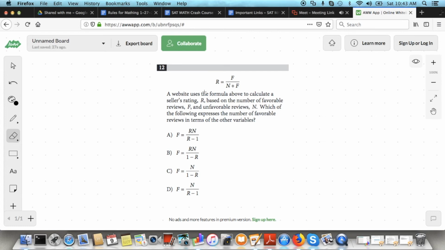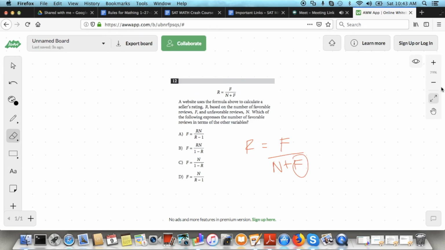So here's kind of what the algebra looks like. We've got R equals F over N plus F. Now the big problem here is we've got to isolate F, but we have F in the denominator. I always start by telling students, get the variable you're trying to isolate out of the denominator. We're going to do that by multiplying both sides by N plus F. If this makes no sense to you and you can't follow along, don't worry at all.